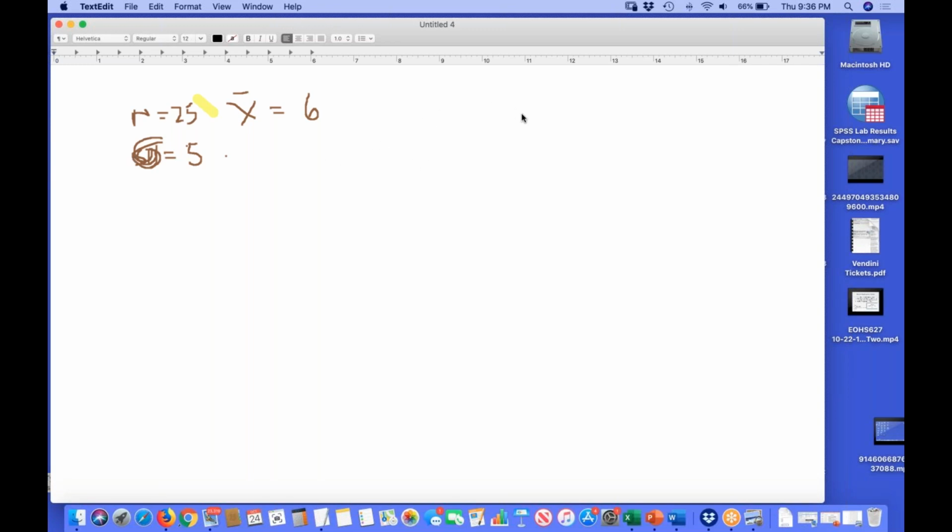I'm going to compare this to a known population, the known mu for the entire school population, not just the Bronx. This is the Bronx. For the entire school population, the known mean is equal to 8 micrograms per deciliter.